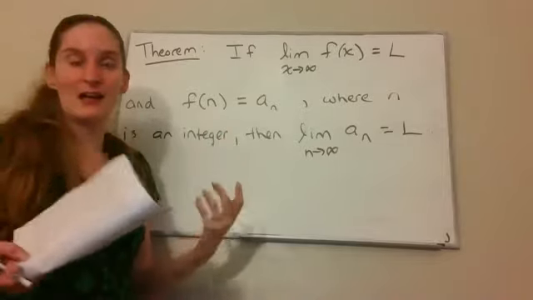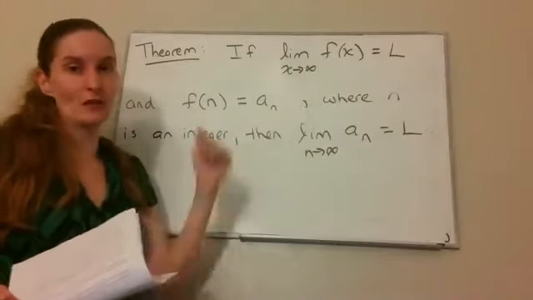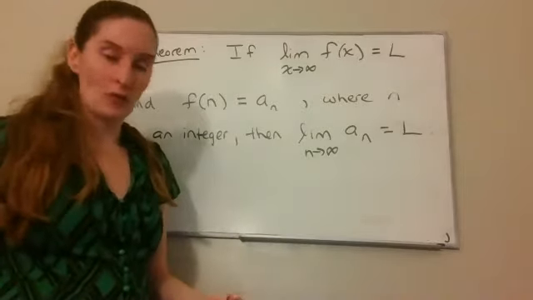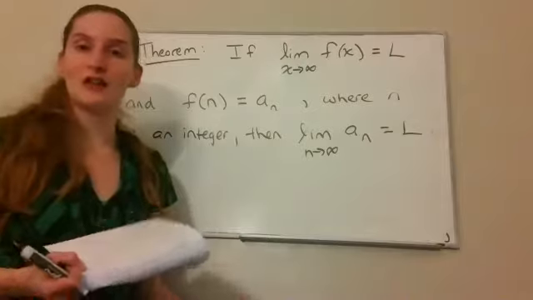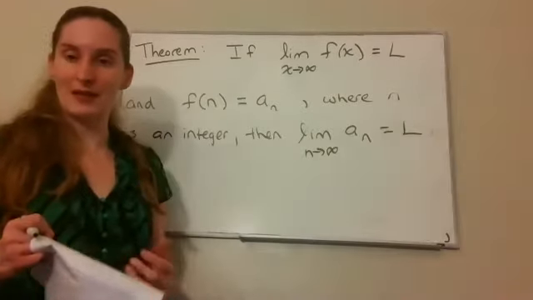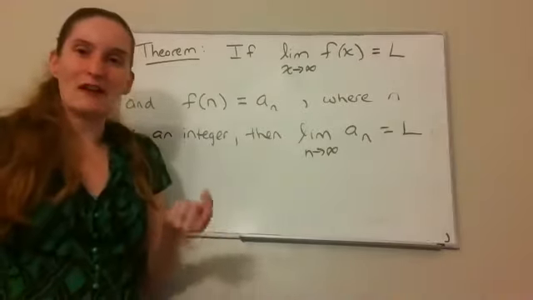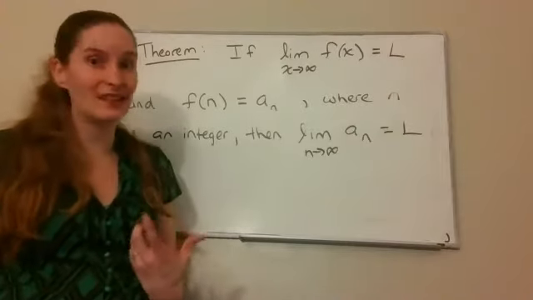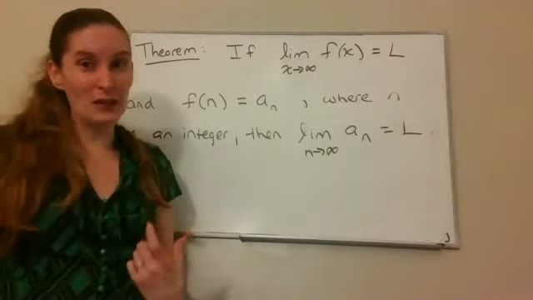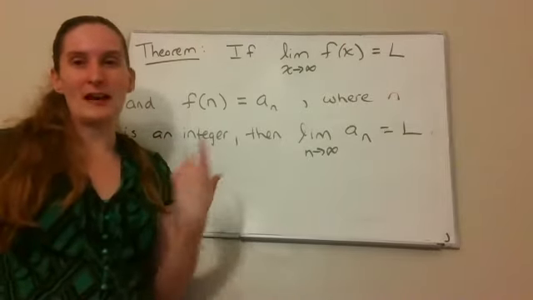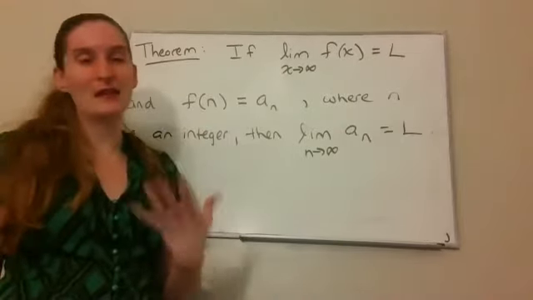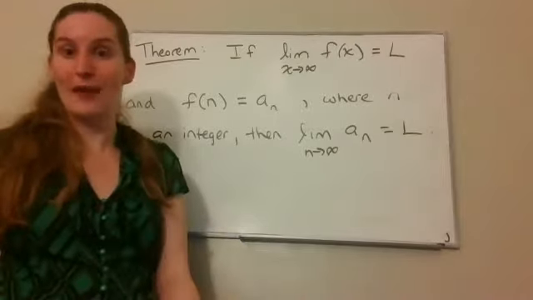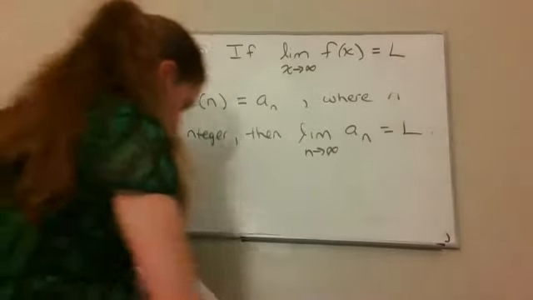But I can rewrite with an associated continuous function f of x, and it would be a differentiable function, and then I could do L'Hopital's rule on the associated function and still get the result for my limit. And I know that sounds very nitpicky, but all I'm saying is if you're trying to find a limit of a sequence and you think you're going to need L'Hopital's rule, you need to rewrite it with x's instead of n's so that it fits the conditions of L'Hopital's rule, and taking a derivative will make sense. All right.